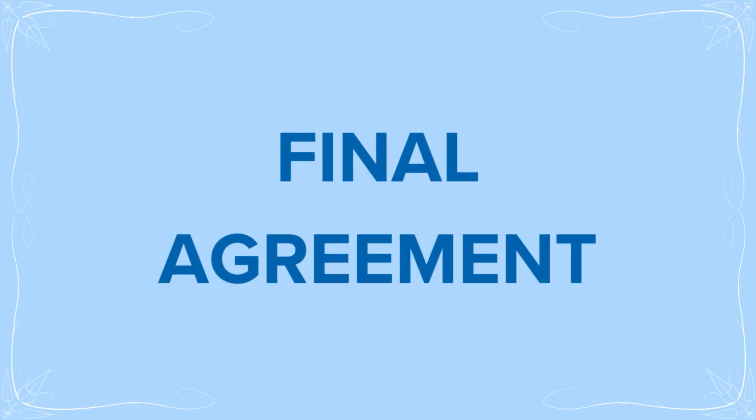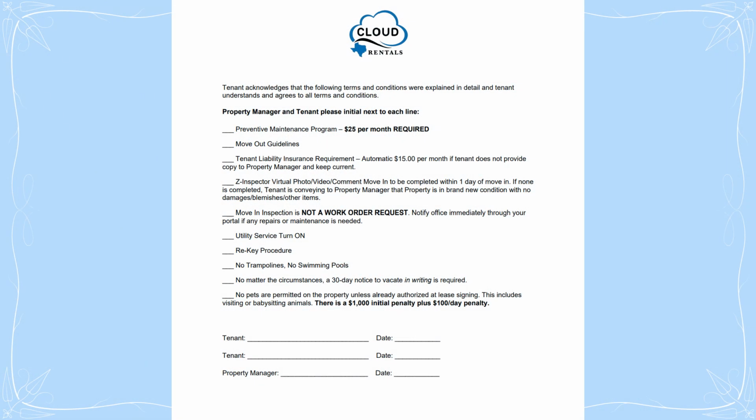Lastly is a tenant agreement. We're making sure that you note that you have understood several items. Let's go over these one at a time. First, that you are required to participate in the preventative maintenance program at $25 a month. This requires that payment with your rent monthly and provides you with a monthly air filter delivered directly to your home.